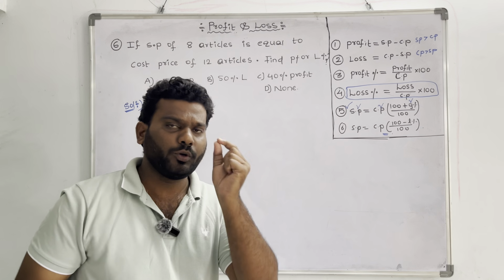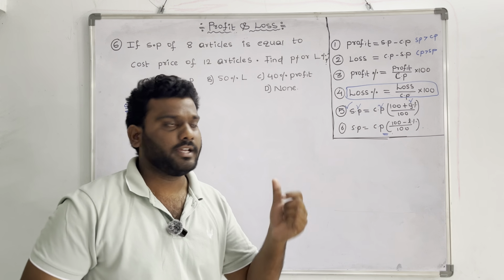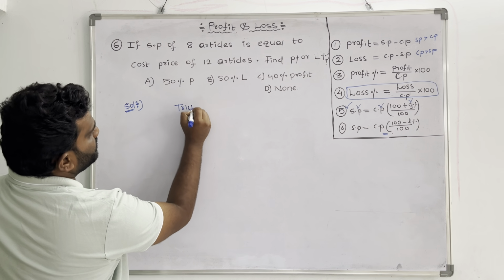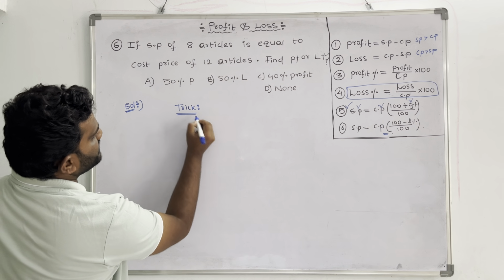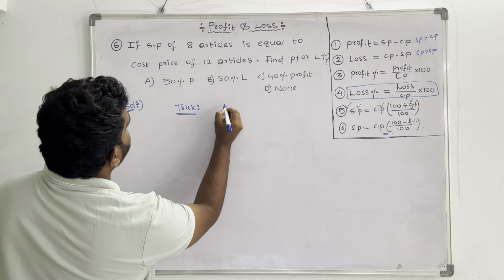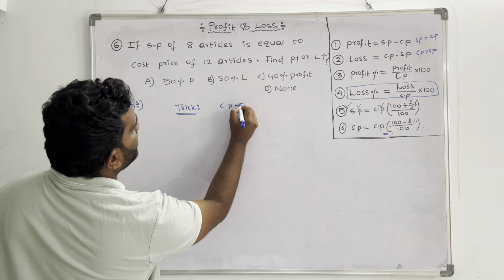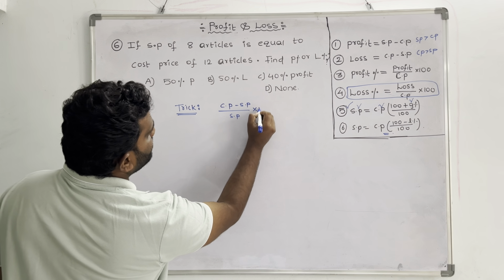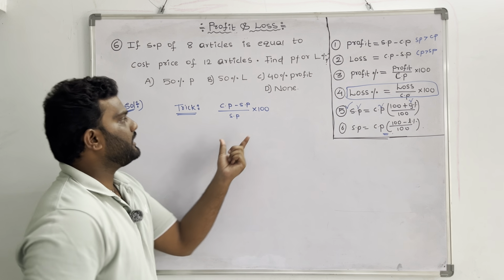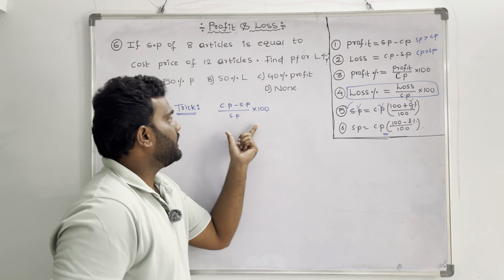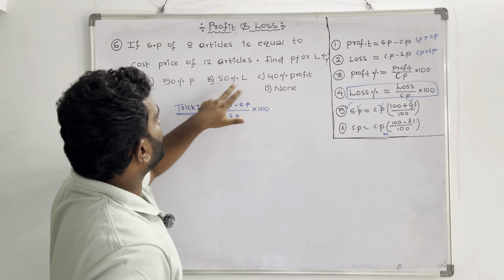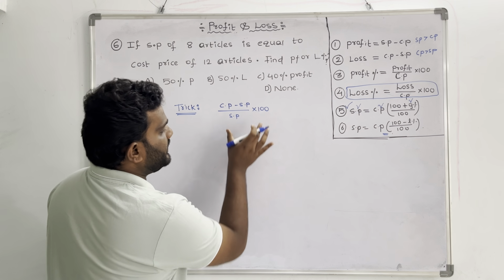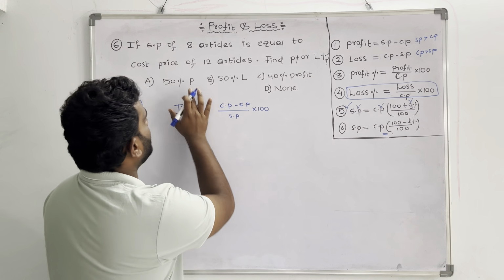I will tell you the beautiful shortcut to solve such questions. The trick to solve these types of questions is (CP minus SP) divided by SP into 100. See, this is the smart trick. Okay, now how will we know if it is profit or loss? If the result of this formula is a positive number, then that is profit.